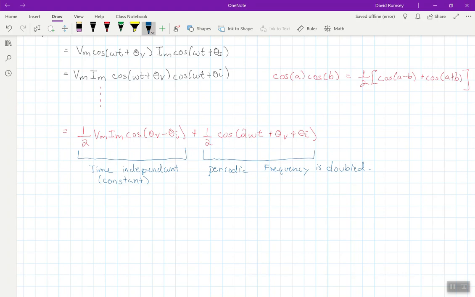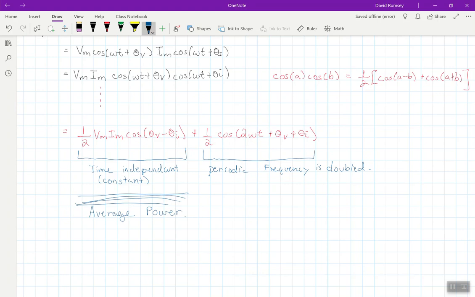Now, from this, we're like, okay, great, so what do we have here? Well, this first term is so important because it's constant. We actually define this to be our average power.